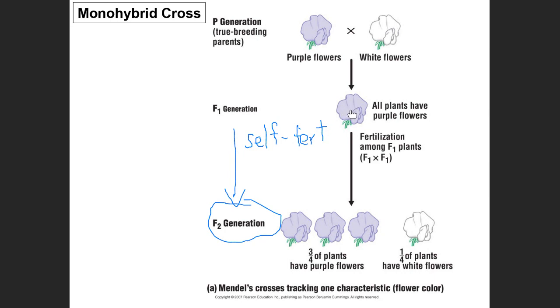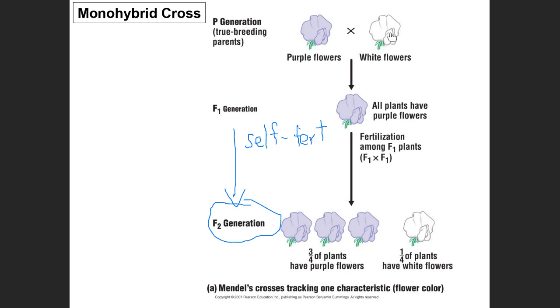I only want to investigate what's inside of them, so I don't want to introduce any other plants. I just want to see what they have. The best way to do that is let them self-fertilize. Whatever's in this one plant, when it fertilizes itself, it can only pass on what's in it, hidden or not. So when self-fertilization occurred for each F1 offspring, it produced the F2 generation. And he got his answer.